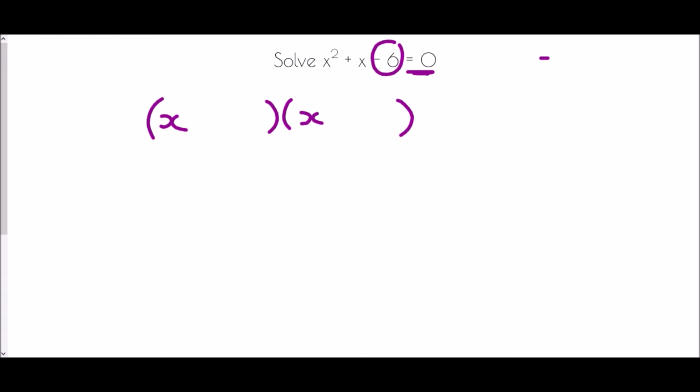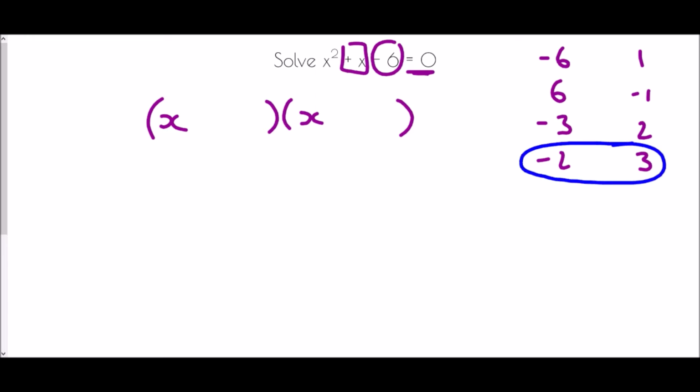So I would have negative 6 and positive 1, positive 6 and negative 1, negative 3 and positive 2, negative 2 and positive 3, and I need them to add to make positive 1. And so which one adds to make positive 1? Well, it's actually that last pair there. So negative 2, positive 3, and they equal 0.